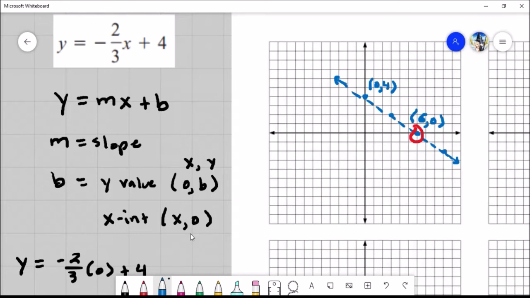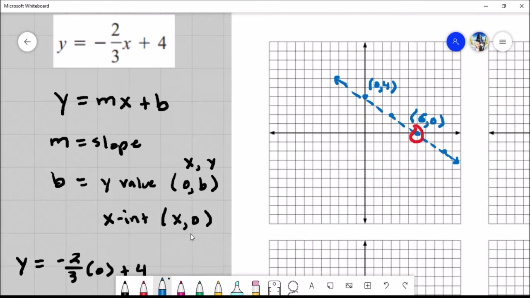So that's pretty much it. That's all they ask us to do. We didn't even have to find the intercepts. That was not even needed, just a method that's easier to do in order to graph it. So whenever you have a linear equation and they're asking you to graph it, this is the easiest way to do it.